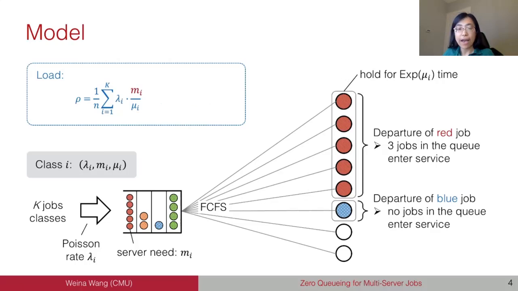So we need to fix that by adding the server need M_i to the numerator. This ratio between M_i and mu_i is now the product of the server need and the time need of a job, which is consistent with the notion of CPU hours used in practical systems.